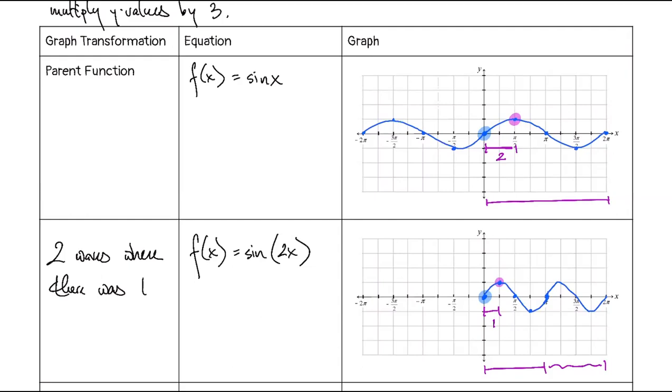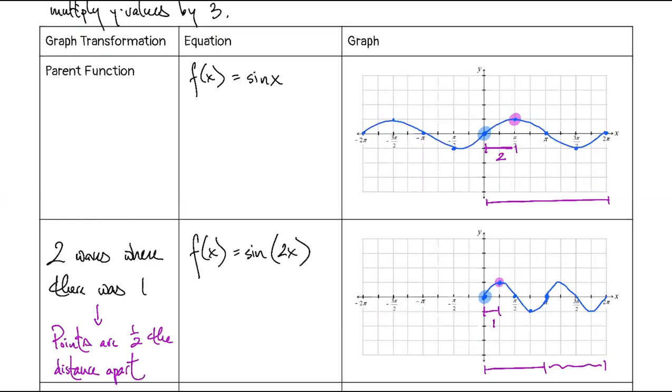They're like the opposite of what you think they are, because if we need 2 waves, everything needs to be closer together. So our points are half the distance apart.